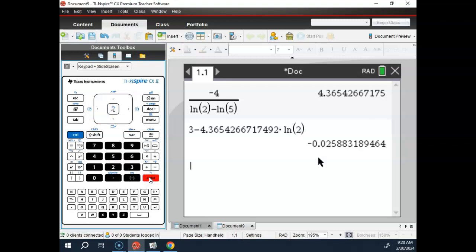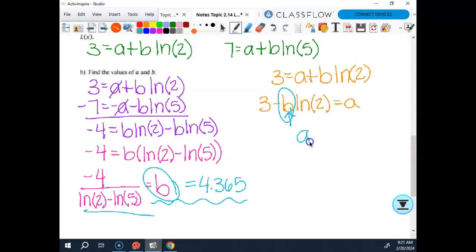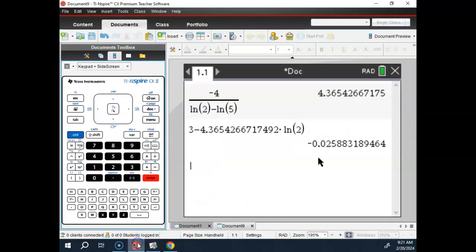And then there's my other one. -0.025. A equals -0.025. There are times when I might need to actually store it so I could go back and use it differently. You can store it, but I don't need to because I can just arrow back up and grab it. Okay? We okay with that? What questions you got? Okay.